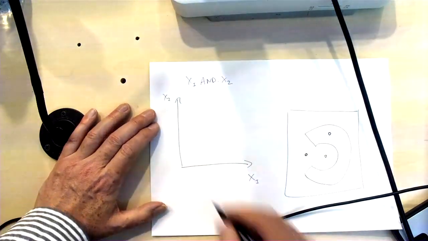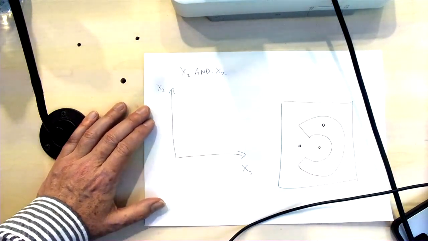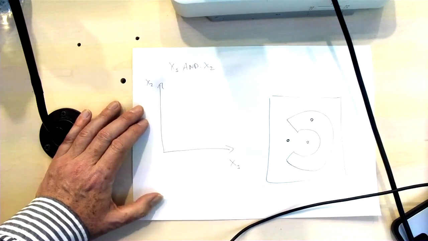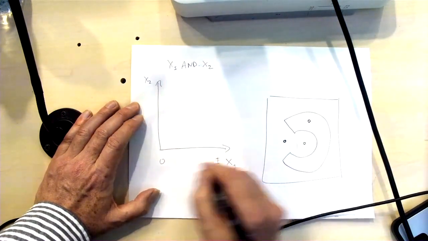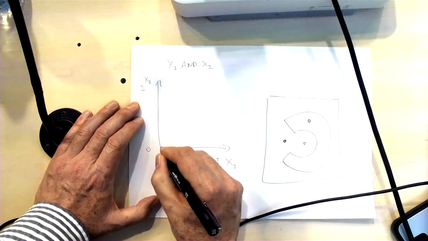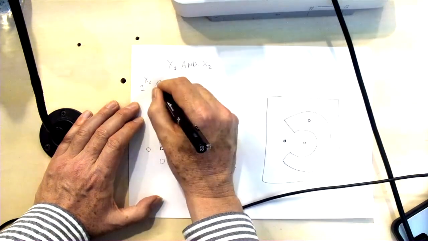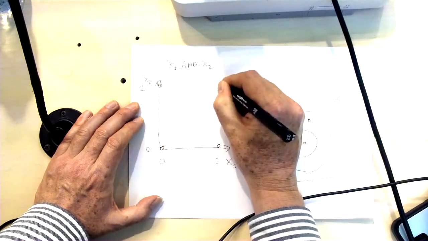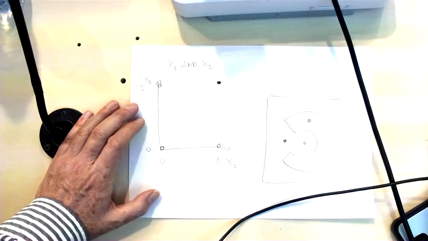So the way we would draw this is we say that this is 0 and this is 1. In order for the output to be 1, both inputs have to be 1, right?